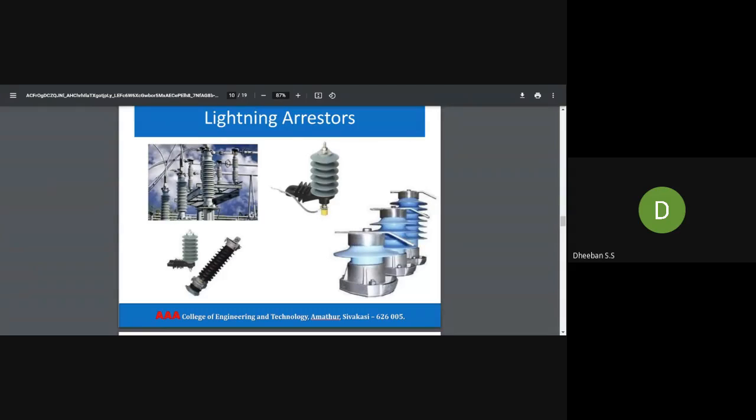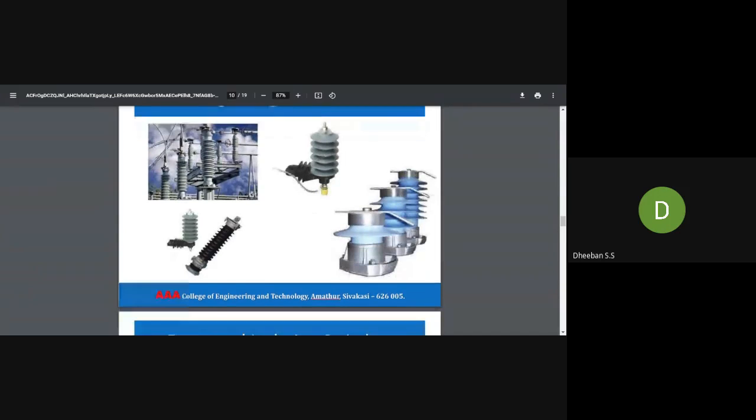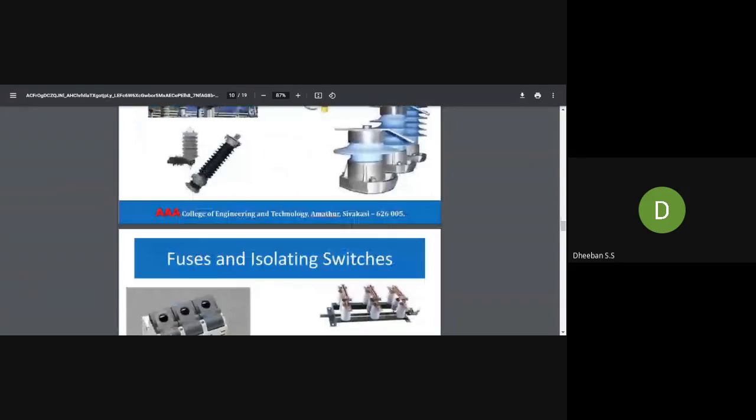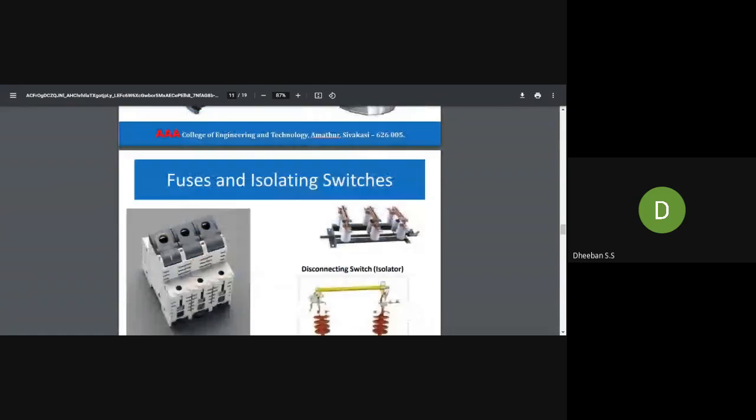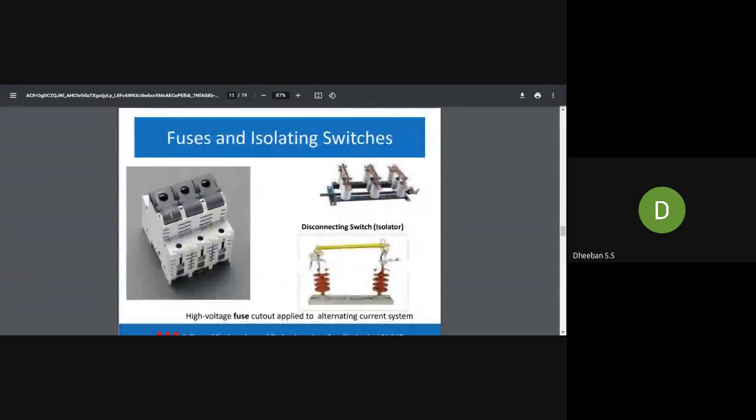Okay, so moving on to the next one, the fuses and isolating switches. There's a difference between these two. Both are protection devices. Whenever a short circuit fault occurs, you already know what happens.